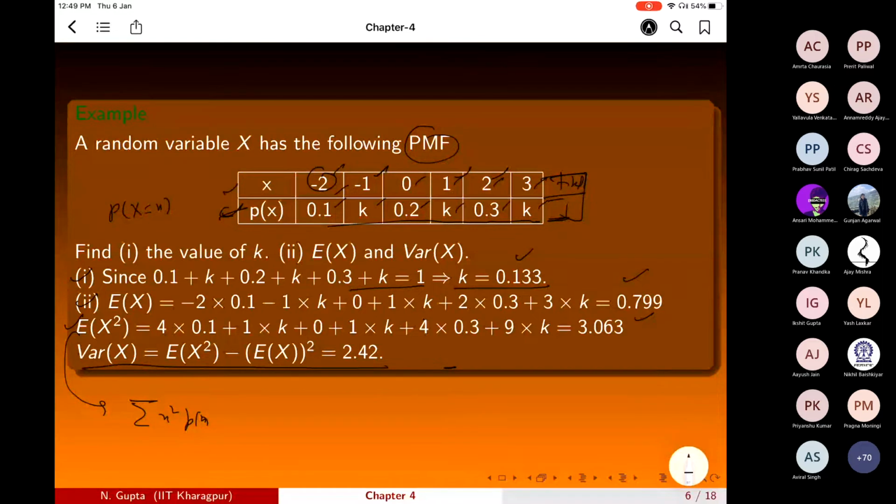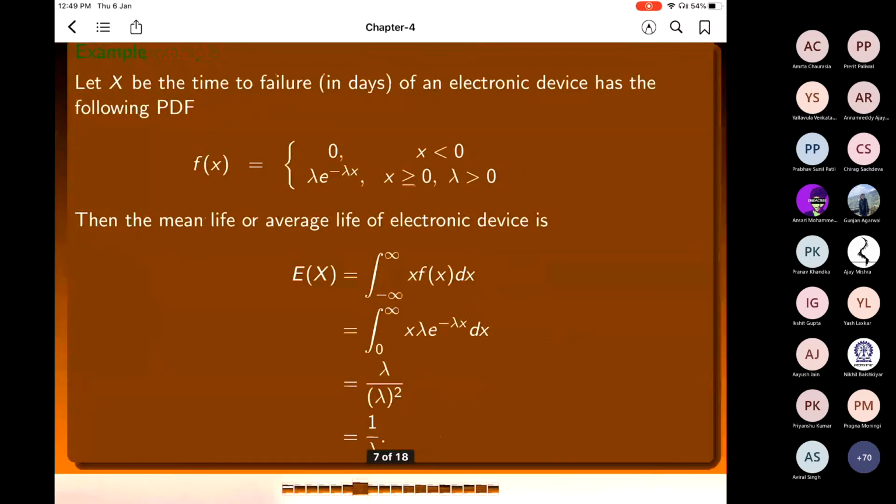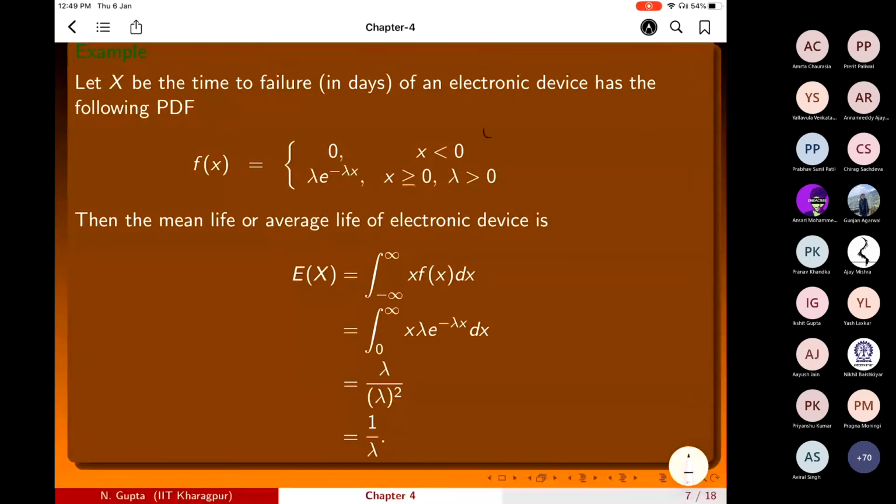In the same fashion, if we have a probability density function, we have to do the integration. For example, this is the PDF of the exponential distribution. The mean life or average life of electronic devices is the integration of x f(x) dx, which is x into lambda e raised to power minus lambda x dx.